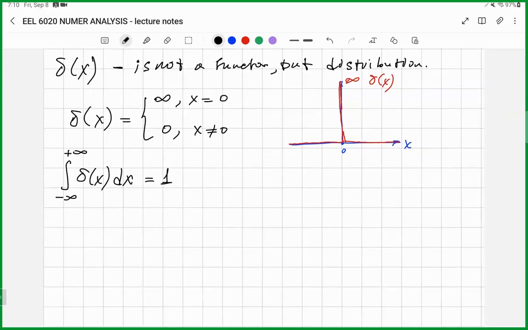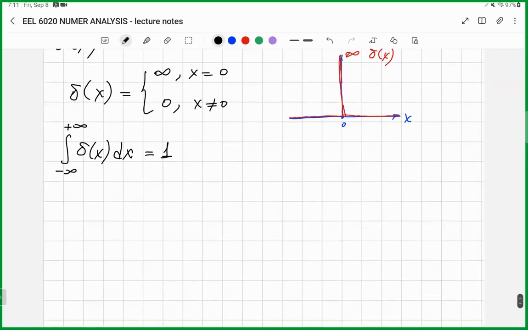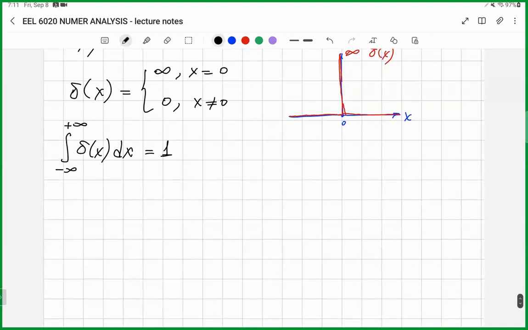So it's normalized, even though it blows up to infinity and is 0 at any other point. I define delta function in a way that the integral over the entire space of this function is equal to 1. So it's a normalized function. And of course, we can shift this spike to the left and to the right.